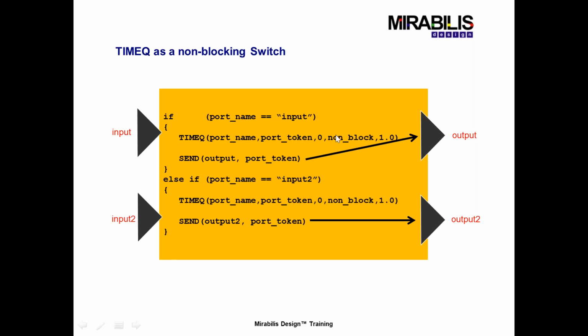If this one comes out earlier, it'll send it over to the next line, which in this case is an out. And then later on, when the first one completes and sends it over here, it'll send it out. So in this particular case, other things can continue to run if you go through a time queue, because it's a non-blocking wait.